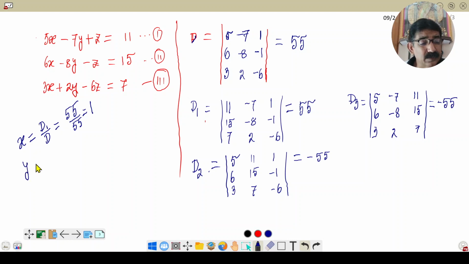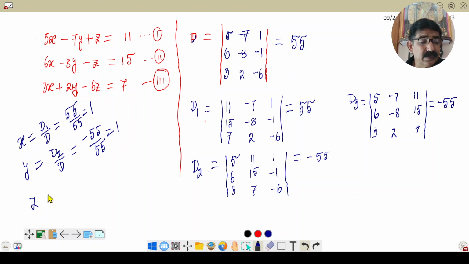Y is equal to D2 by D, and D2 by D is equal to minus 55 by 55, which is minus 1.